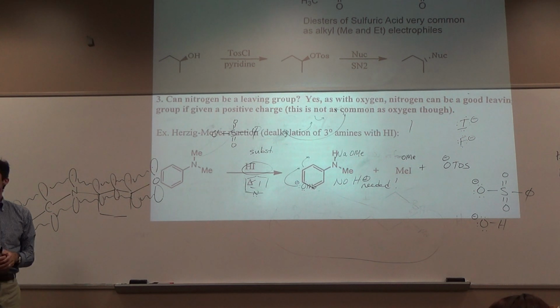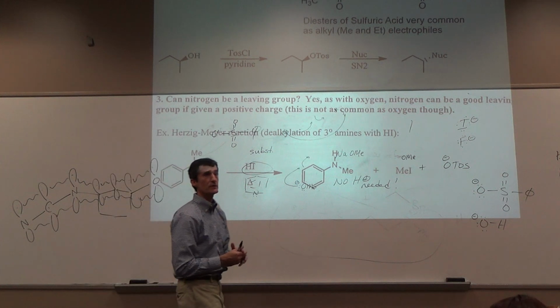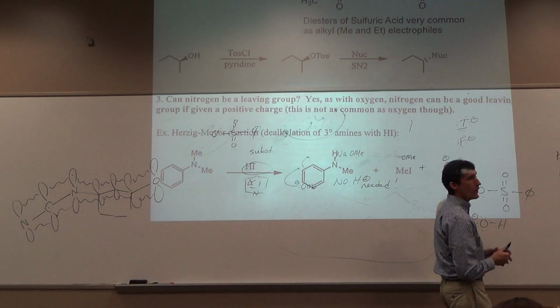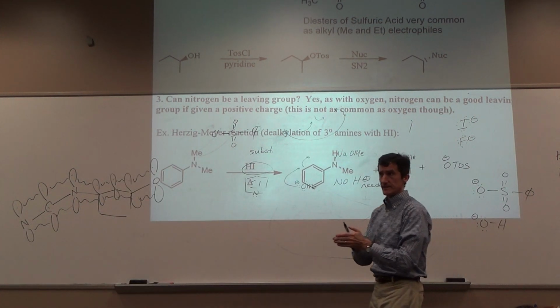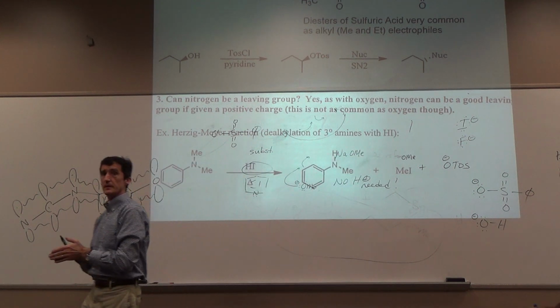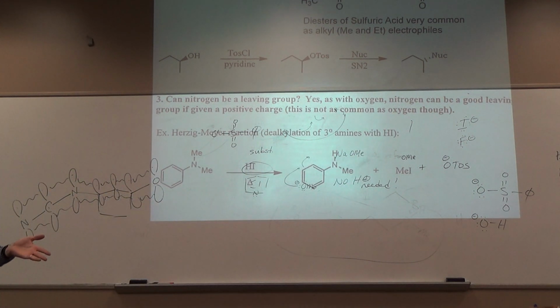I want you to do a mechanism of this on your own, and pretty darn straightforward. What you don't want to do is get pigeonholed with these ideas. For example, we say you make oxygen better leaving, you're making it positive, and you're saying, well, alcohols. And then I give you an ether, and then you don't know how to deal with it. But you got to remember, I never said it had to be an alcohol.